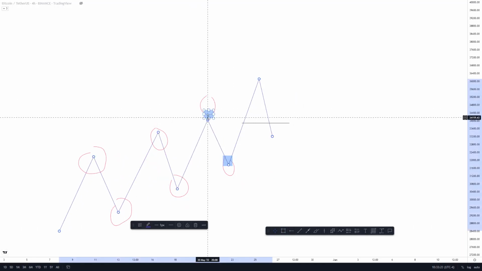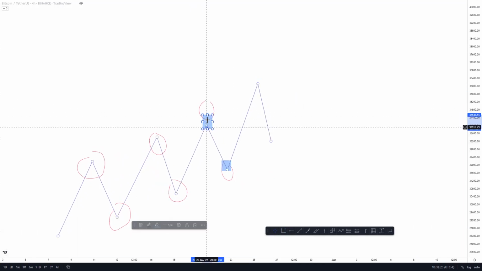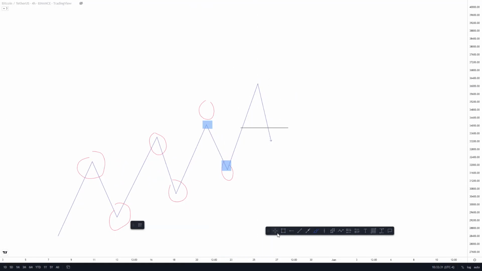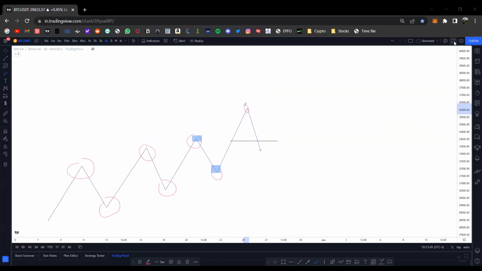The first point of interest of mine will be just below the 50% of the range. So the range of yours will be here. This will be your range. This is higher low, higher high.